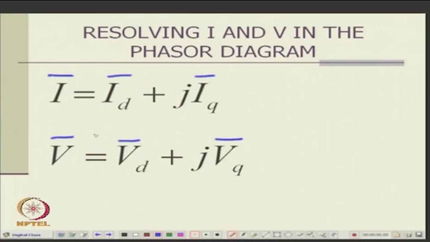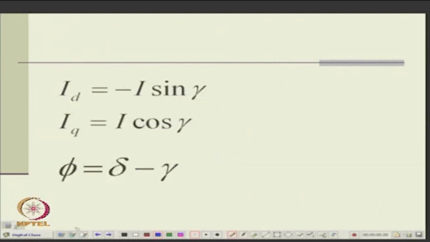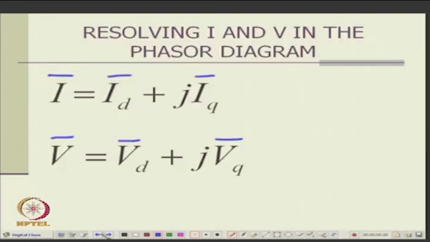So you must recall the DQ transformations which you have studied, right. And ID will be minus I sin gamma from that phasor diagram, and IQ will be I cos gamma, isn't it? ID IQ, which you have already seen.